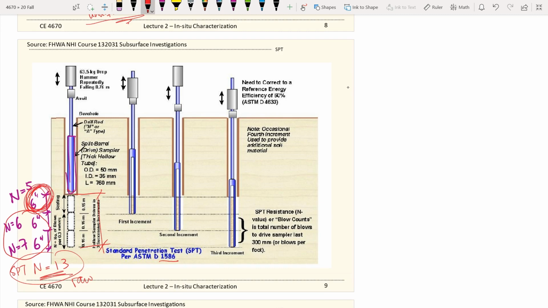But at this point, at least we know what the SPT blow count value is. The next couple of pages illustrate how things work. Your first increment, we don't count. We only count the second and third 6 inch increments.